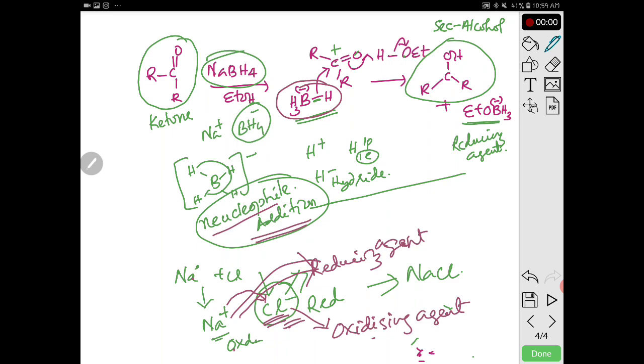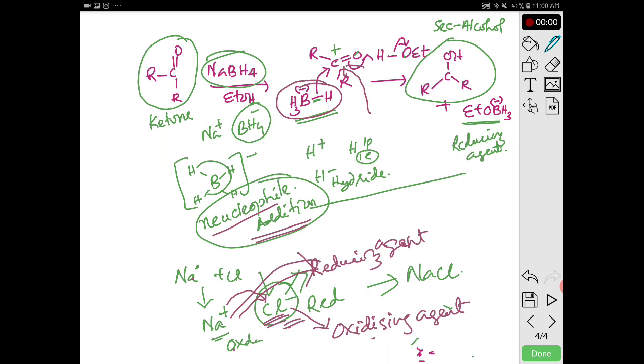So for that, you need to know in what way you can arrange the carbonyl groups of various functional groups in the increasing order of their electrophilicity. That will help you determine which reducing agent could be used for which type of carbonyl group.